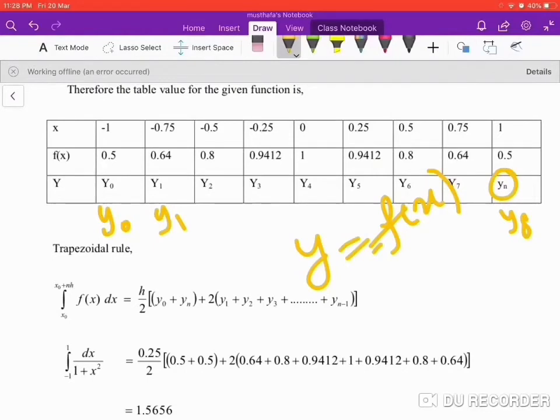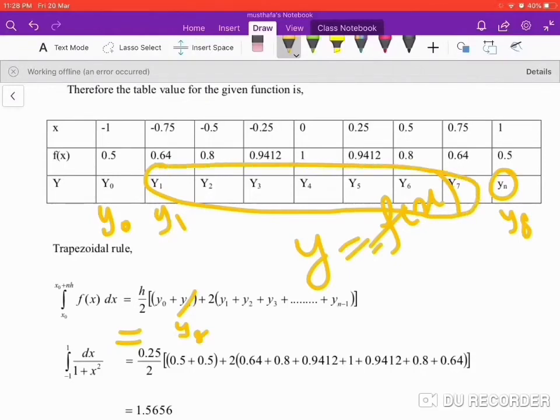Let us adapt the trapezoidal general formula to our given data. The value of h is 0.25 over 2, times y0 plus the final value y8, plus 2 times the middle values. What are the middle values that we have? y1, y2, y3, y4, y5, y6, y7.